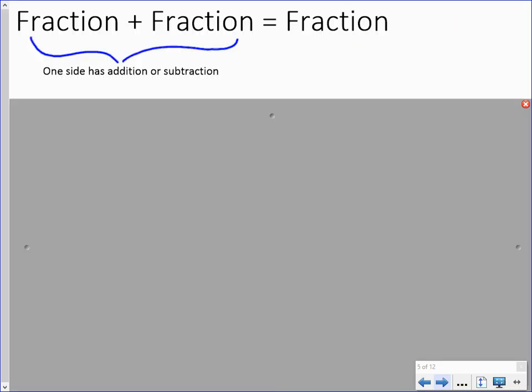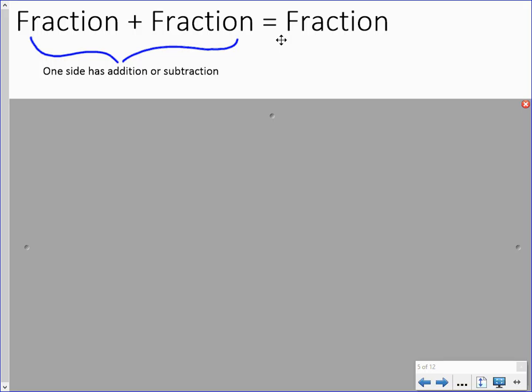We're going to cancel the denominator so it doesn't look like a fraction anymore. So in your notebook, let's write down what we should do if we have something that looks like a fraction plus a fraction equals a fraction. And that plus could really also be a minus.